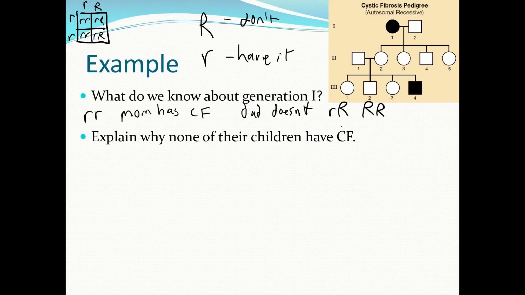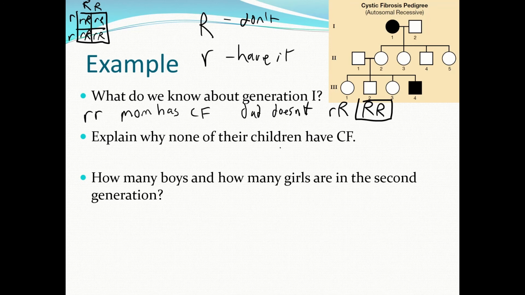Which probably means that the dad is this, because none of the kids have it, and he will always pass down that healthy allele. So the kids will be carriers. If we switch this to a big R, all the kids will be carriers, but none of them will have it. And then it shows up in the next generation, so that makes sense.